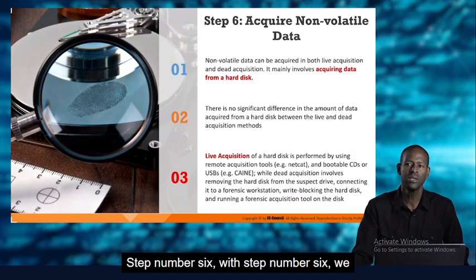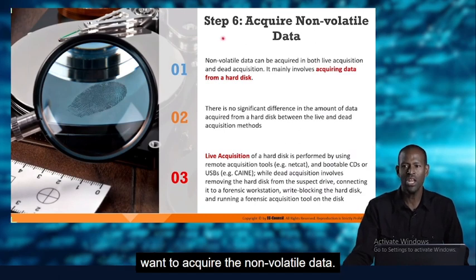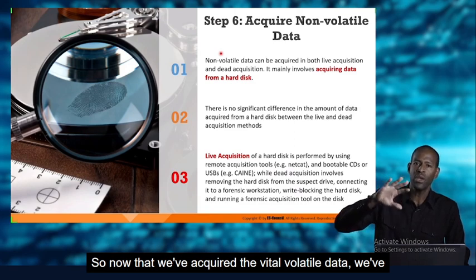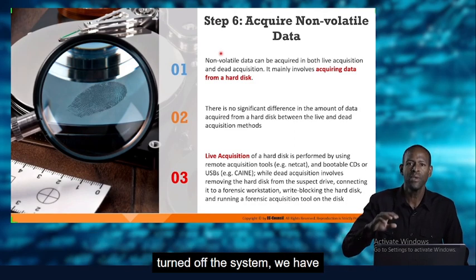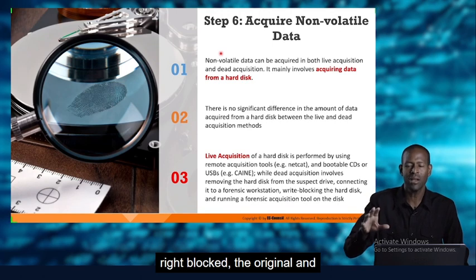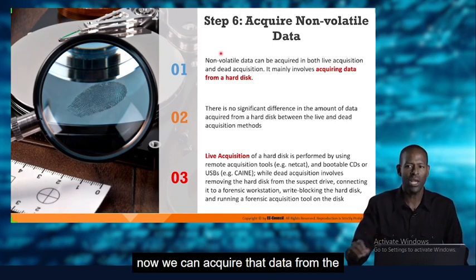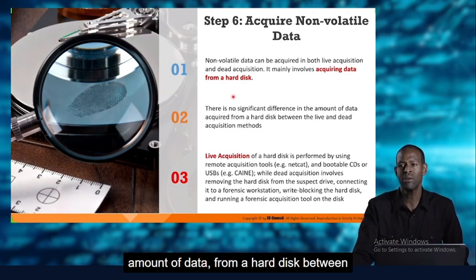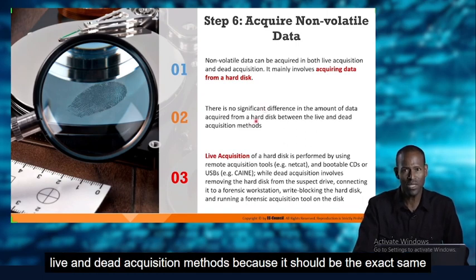Step number 6. With step number 6, we want to acquire the non-volatile data. So now that we've acquired the volatile data, we've turned off the system, we have write blocked the original, and now we can acquire that data from the hard disk. So there's no significant difference in the amount of data from a hard disk between live and dead acquisition methods, because it should be the exact same stuff.